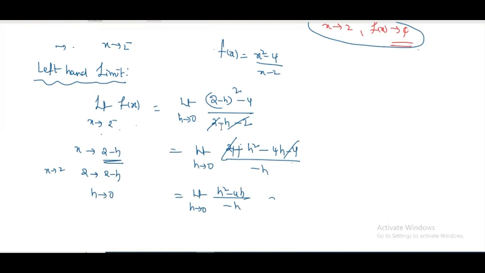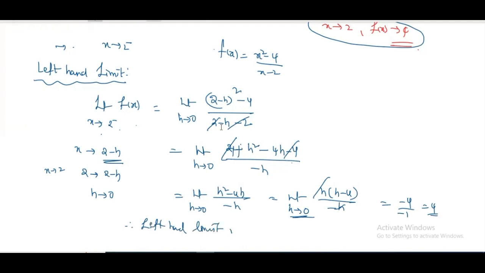If you take h common, you get h times (h minus 4) by minus h, and h cancels. Substituting h as 0, you get minus 4 by minus 1, which is 4. So this is the left hand limit. Therefore the left hand limit value of f of x is 4.